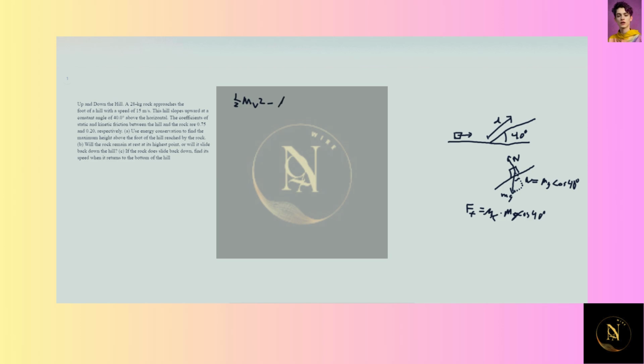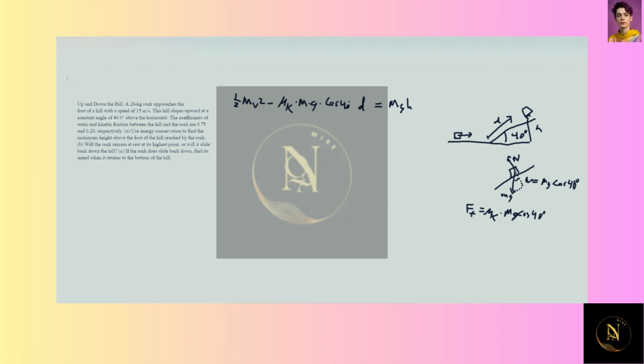So that's mu k times mass times g times cosine of 40 degrees, then times d. That's going to be equal to the potential energy, which I'm going to write in terms of h, the height above the base of the ramp. So that's going to be mgh.